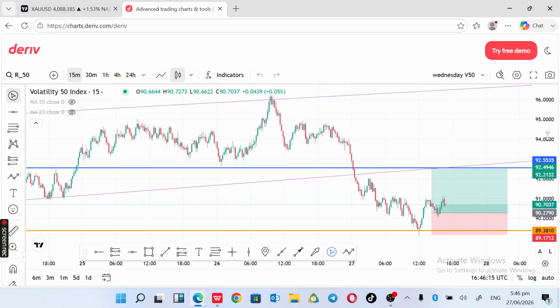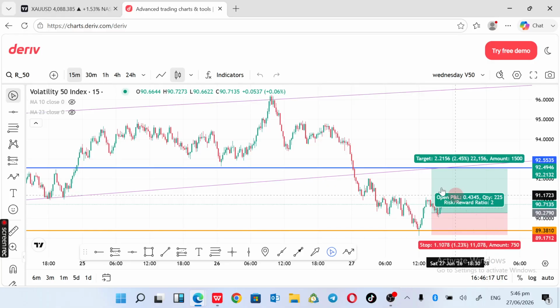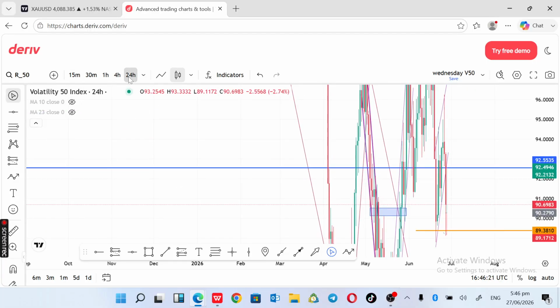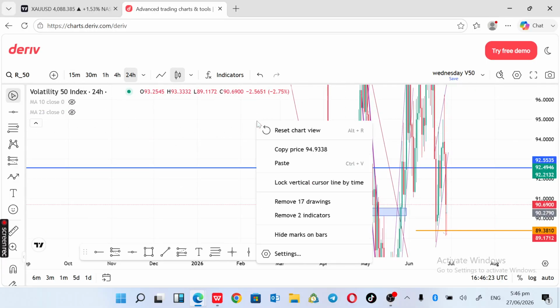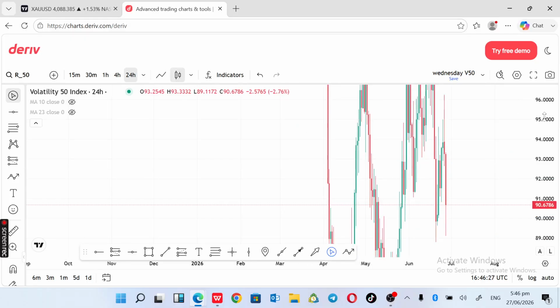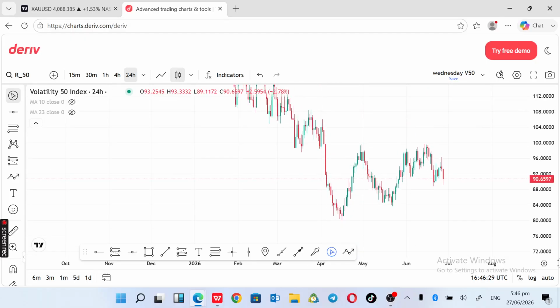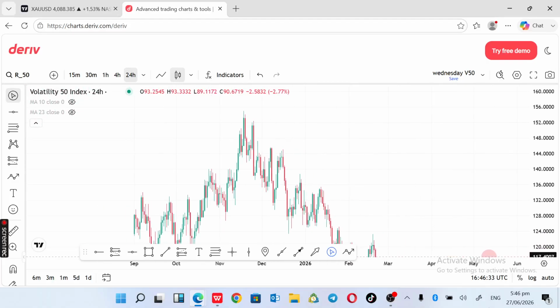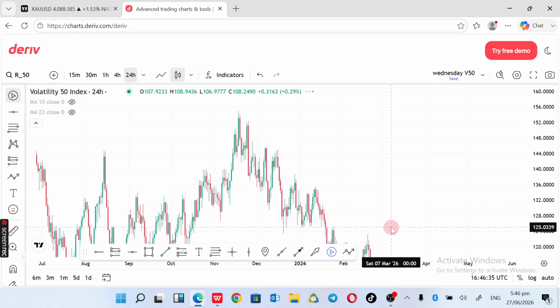Now let's look at the V50. Now we go back to our daily again, check our daily analysis. Now let's remove everything on this. I don't mind whether I'm trading this, I have a lot of charts here. Now this gives us a direction. Let's look at it. We have a very long direction.